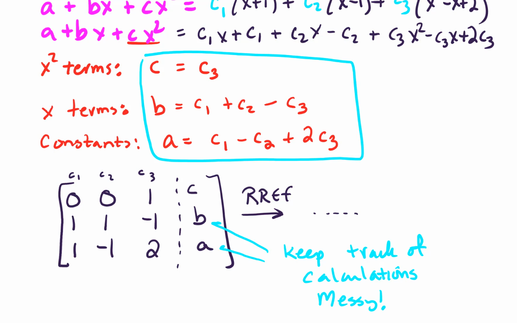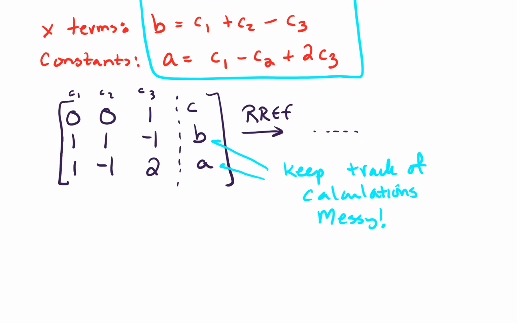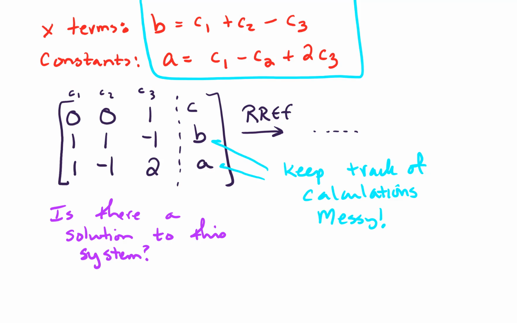I mean, you can certainly plow through it, but we have more machinery at our fingertips to use here. The real question is, is there a solution to the system? That's really what we're trying to answer.